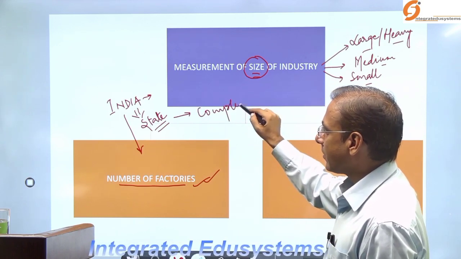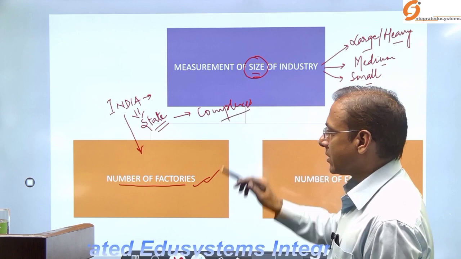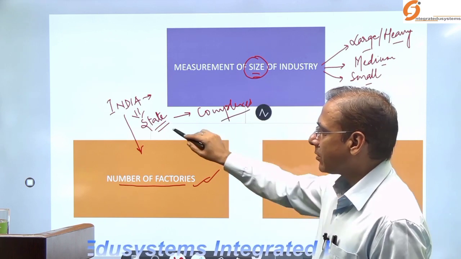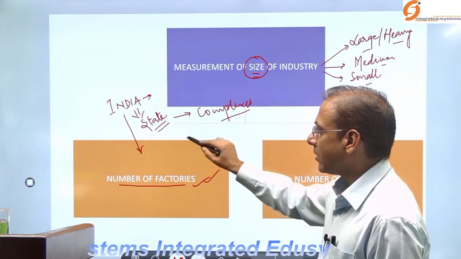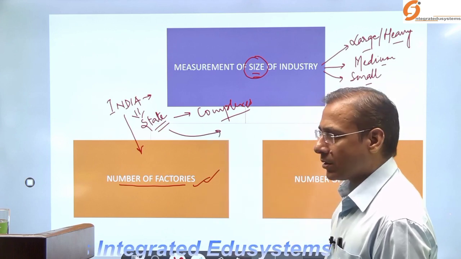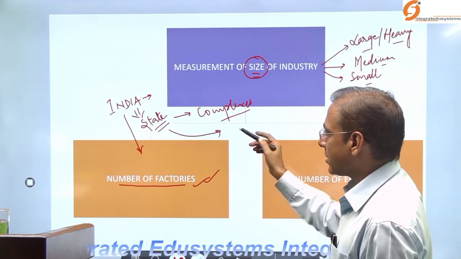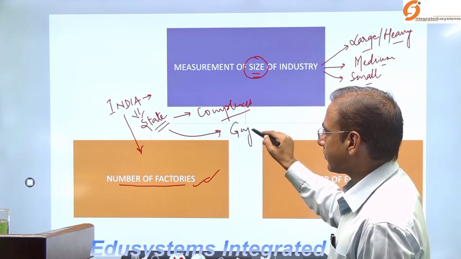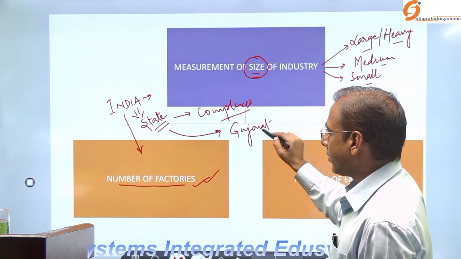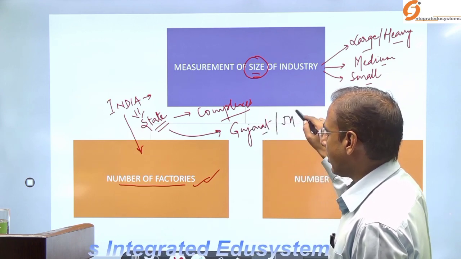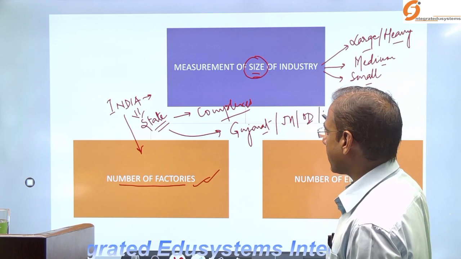But the question is here, say for example I am considering a state, any state which is developed, say Gujarat, or Jharkhand or Odisha or Maharashtra, whatever it may be.